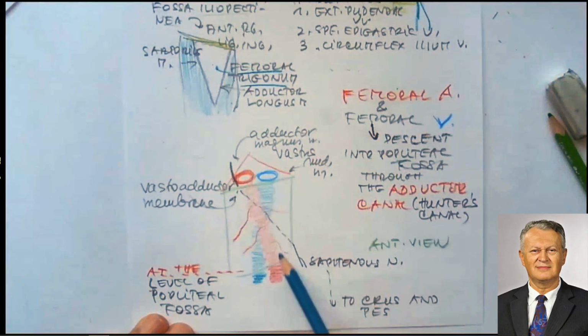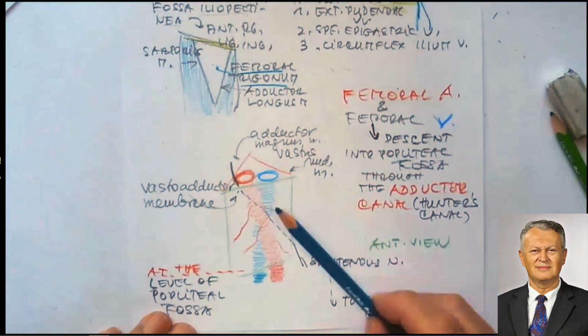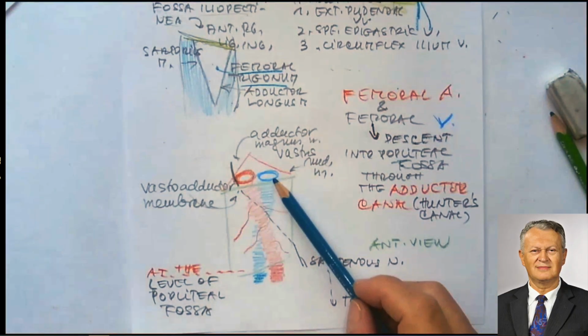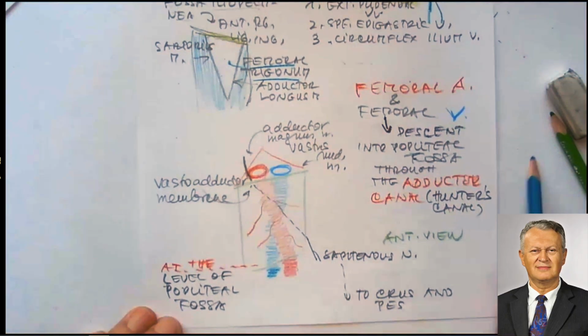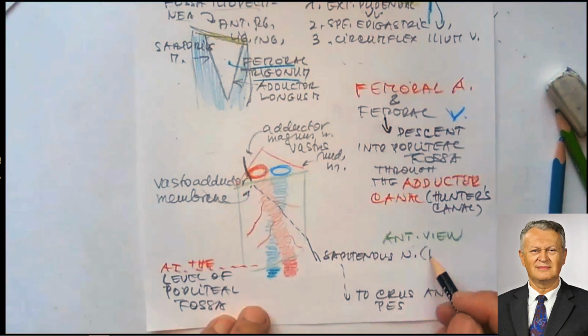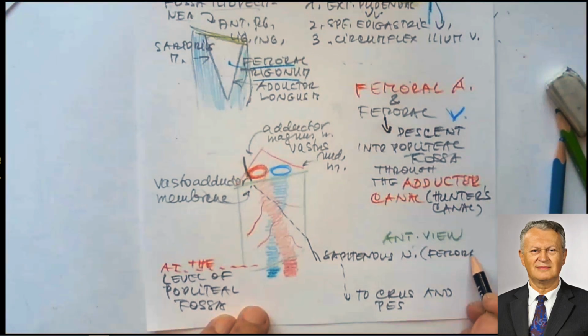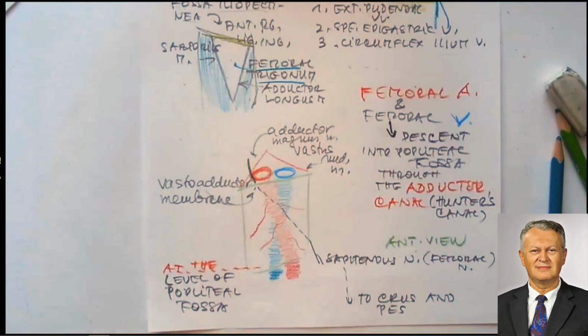We see the boundary, we see the course, and we see how the structures change their position from lateral to medial and from medial to lateral posteriorly, and also the accompanying saphenous nerve, belonging to the femoral nerve. This is the branch of the femoral nerve, and they appear on the posterior side, in the fossa poplita. So this was the anterior femoral region.